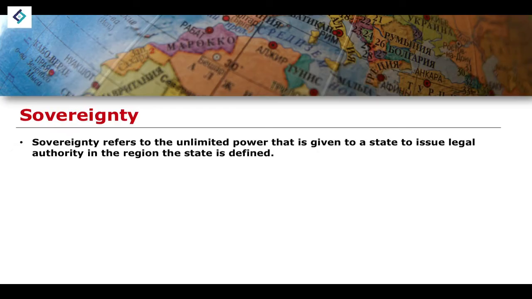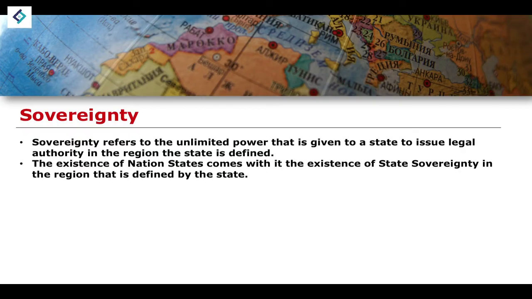So where we have a state that is defined, the United Kingdom, France, USA, Germany, etc., sovereignty refers to the power that the government has in being able to dispense unlimited legal power in that region. Again, the existence of the nation state comes with it this existence of state sovereignty.